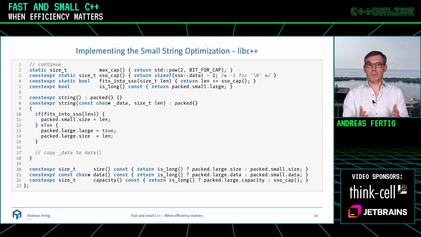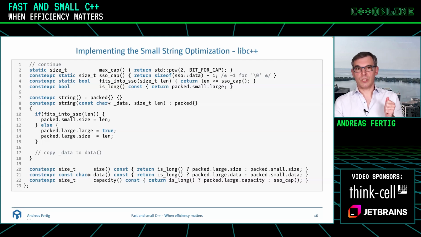It's power of 2 of the bit capacity because we used 1 bit, so it's not the full width of a size_t. SSO capacity, on the other hand, that one is quite interesting because it's the size of SSO's data minus 1. So 16 minus 1, that means 15 bytes of small string space that you have there. So that's twice more than the others had, right? So this is great for that.